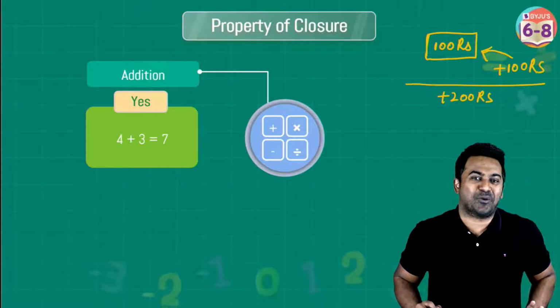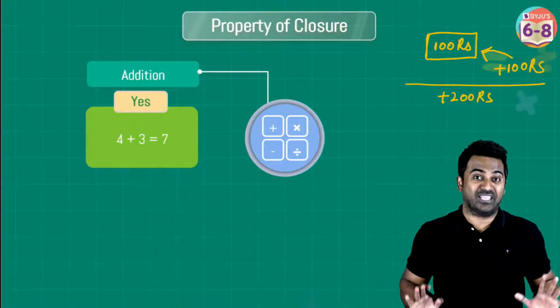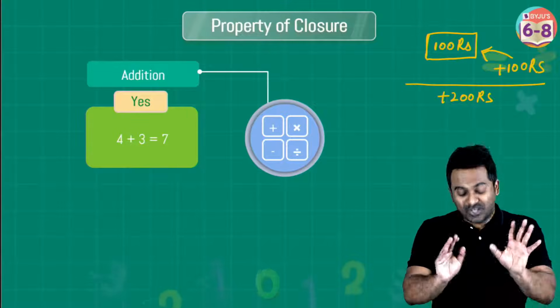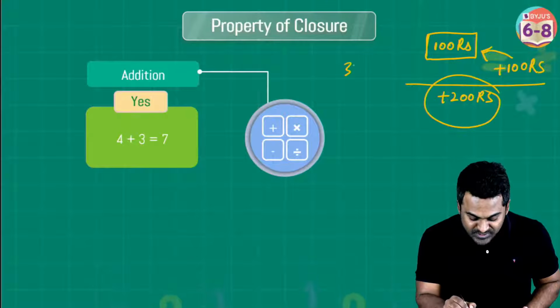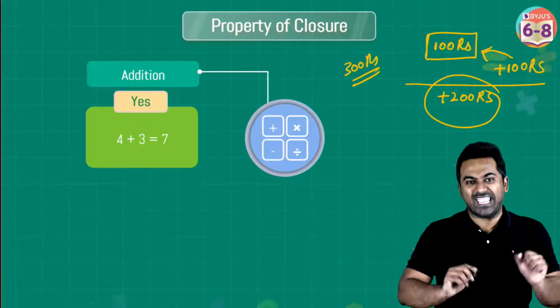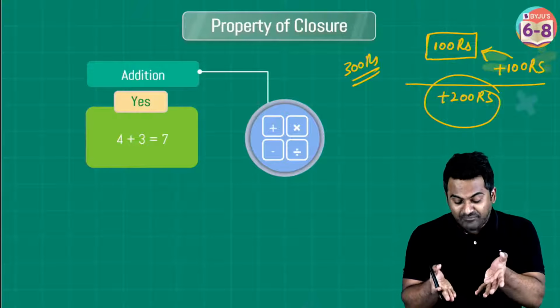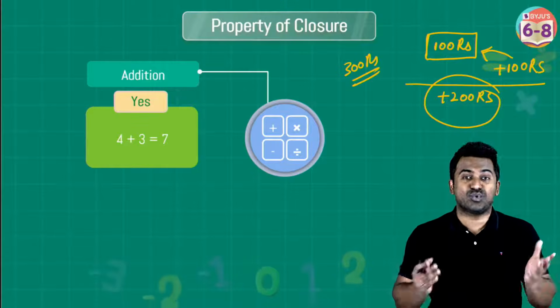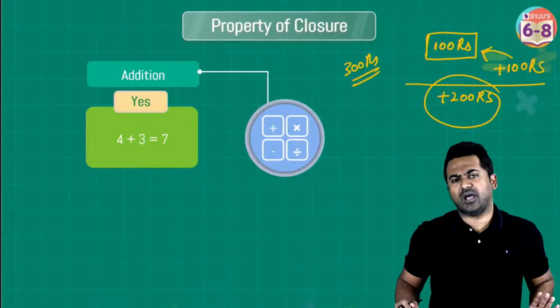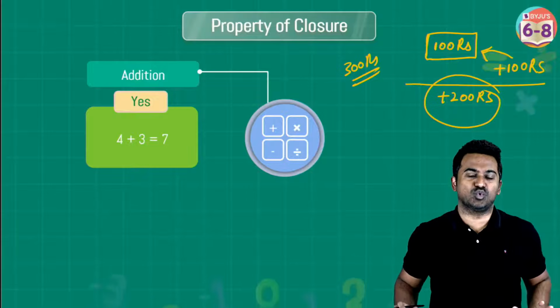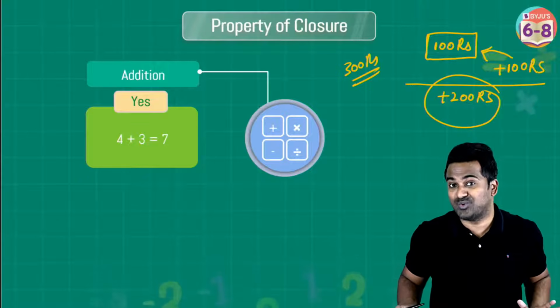And let's say you go to a shop, you like something, but that costs 300 rupees. Can you buy it? Well, of course you can't, because in your bank account you only have 200 rupees and the item costs 300 rupees. But let's say your bank decides to loan the money out to you.